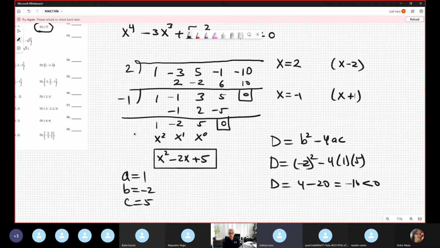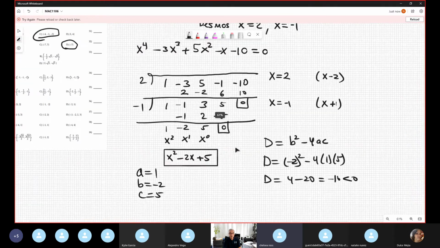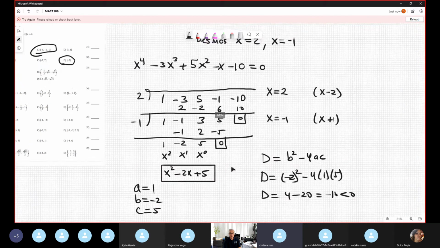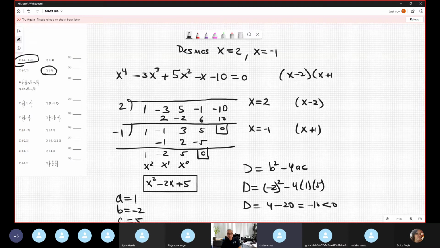So you are doing the factorization of this one, not the question. The factorization is x minus 2, x plus 1, and x squared minus 2x plus 5, and leave it like that, because this is an irreducible quadratic. The factorization of this is complex, not in the real field.